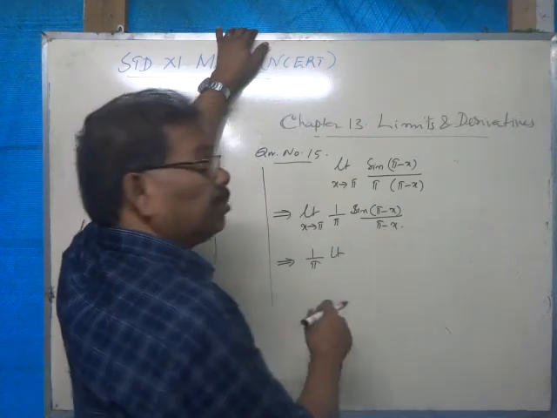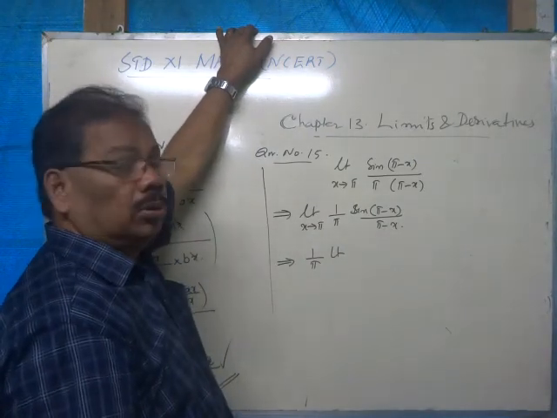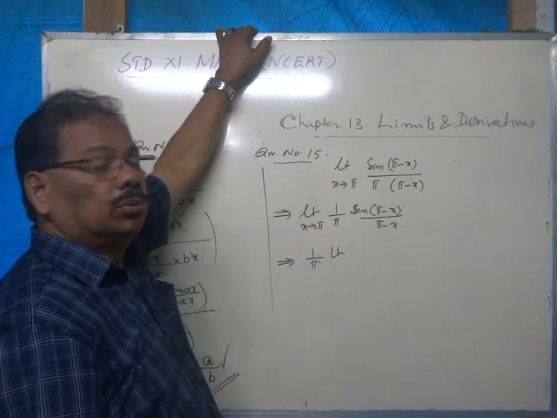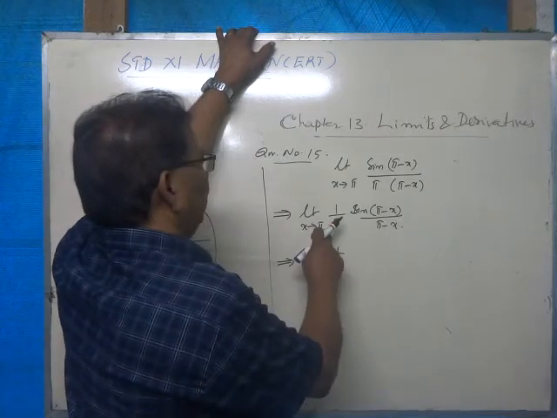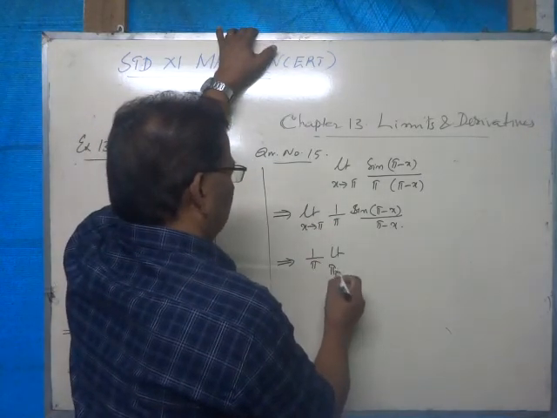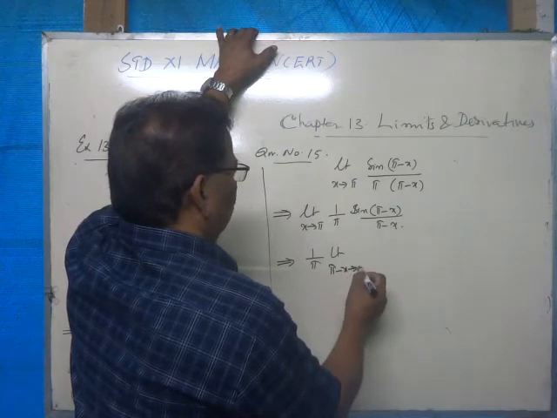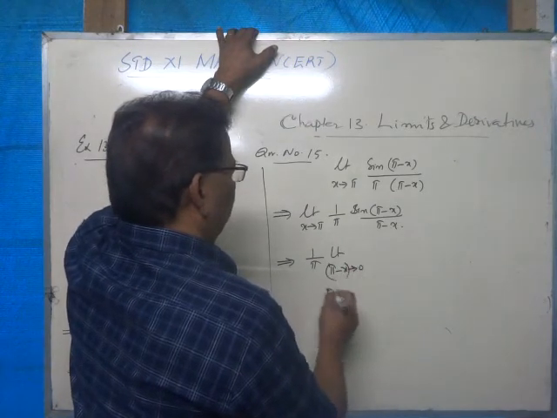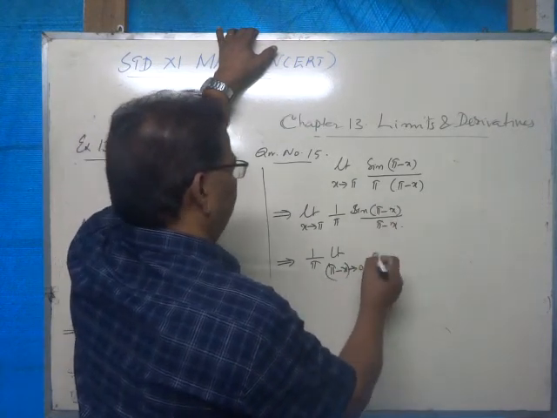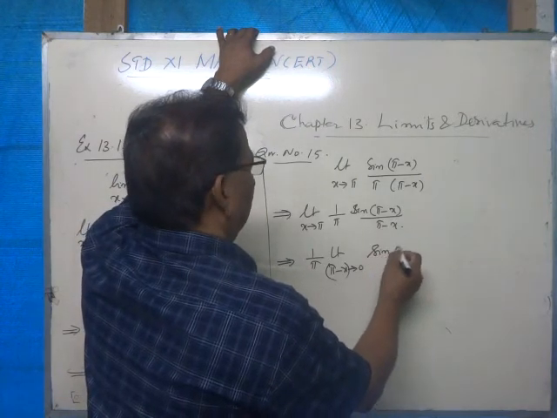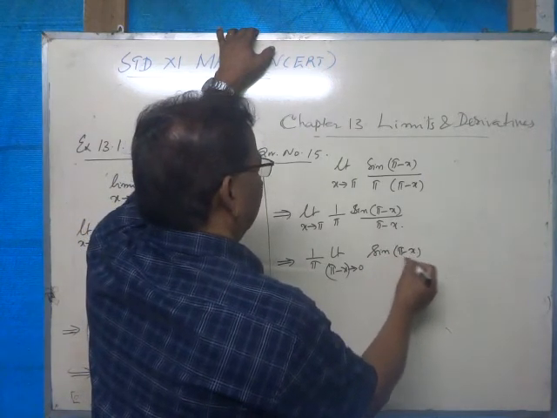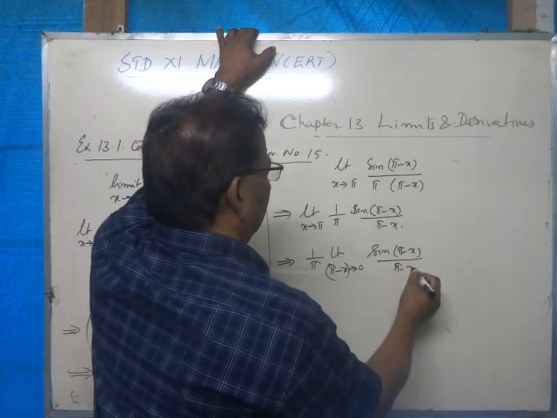Therefore, pi minus x must tend to 0. X tends to pi, therefore pi minus x will be tending to 0. Pi minus x tends to 0, sin pi minus x by pi minus x.